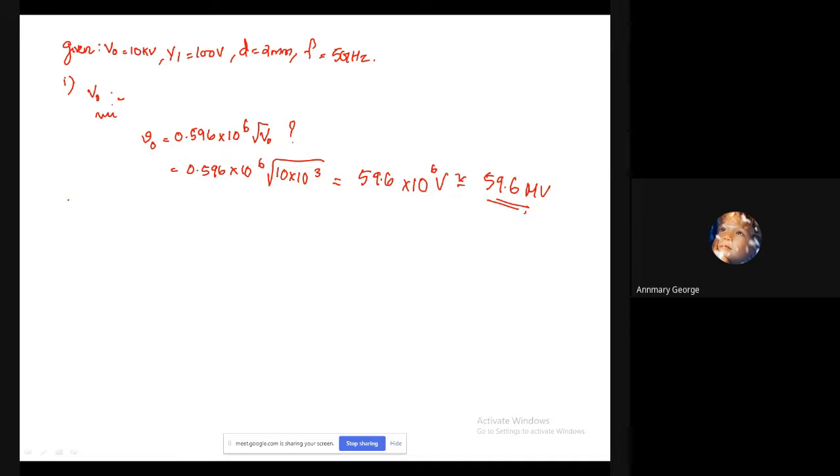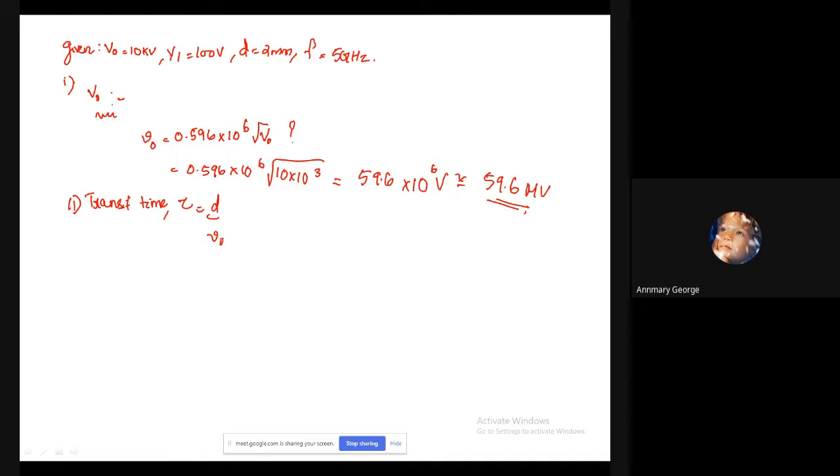Next, what is the transit time equation? Tau equal to d by v0.